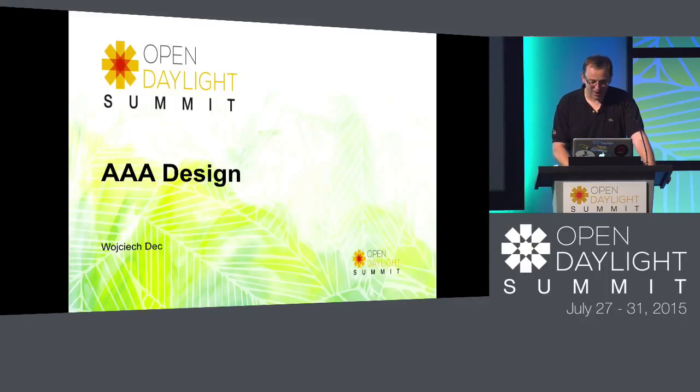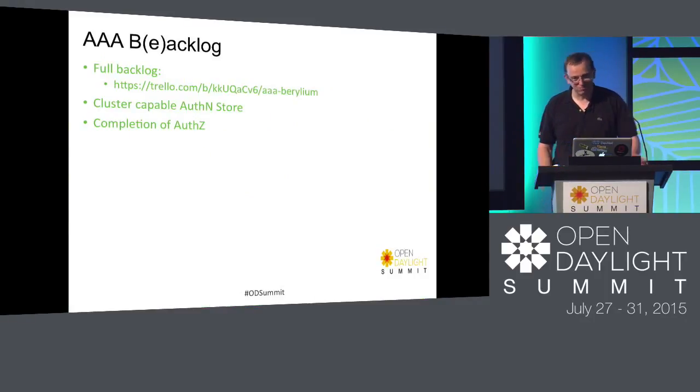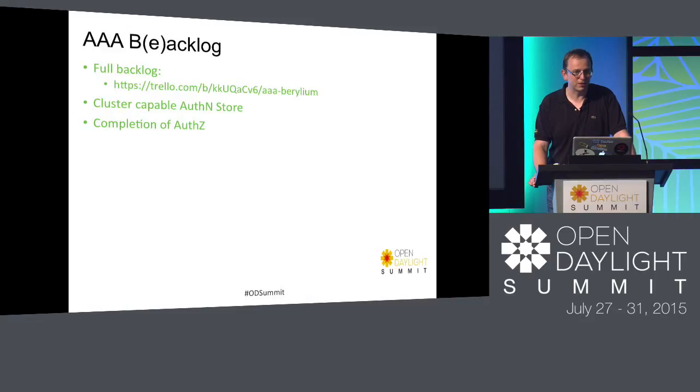I'm going to start. This is going to be quite an informal session, but I'm going to start with just giving a brief overview of the AAA blueprint, backlog, and the two key work items for Beryllium that I believe we have to tackle.